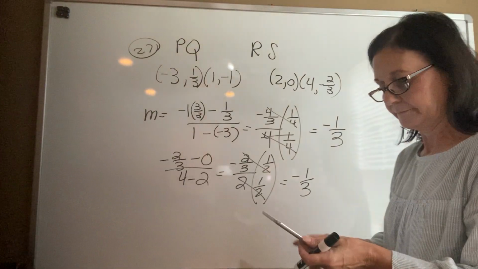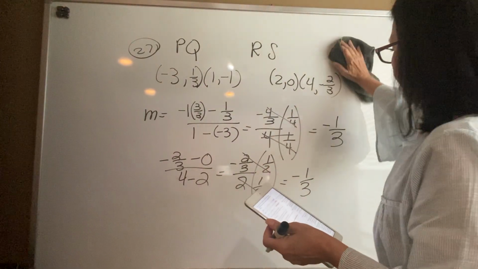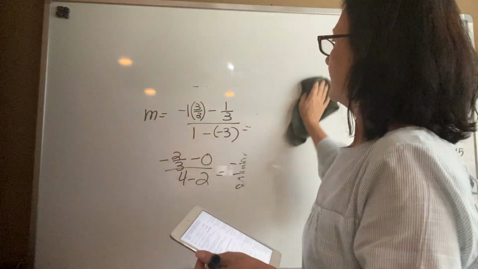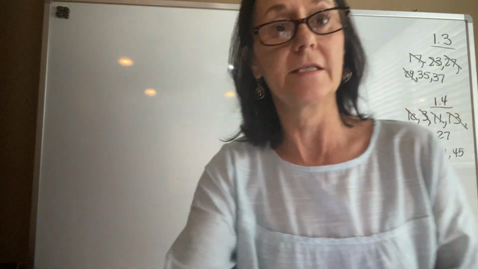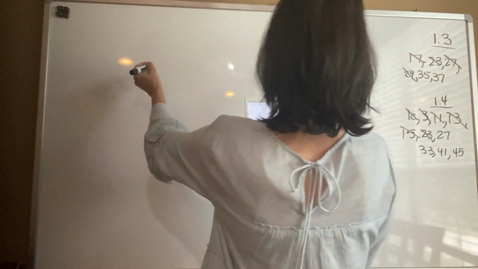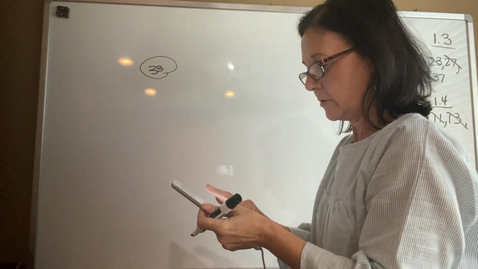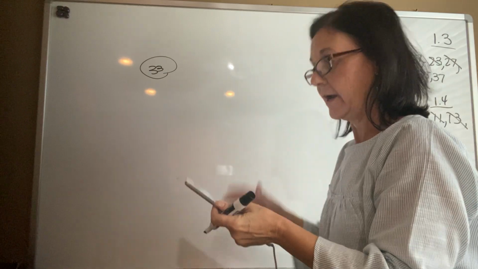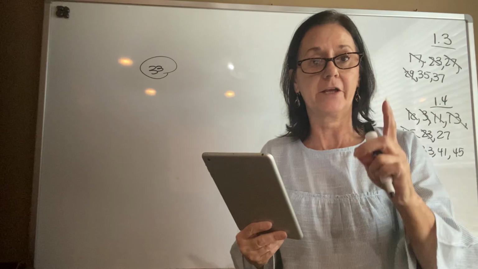All right, 33. Number 33. Remember, if you're struggling, pause. You can look at the video, write the work down, see where you went wrong. Number 33. Use slopes to determine if those are vertices of a right triangle. So one of those vertices has to be perpendicular.